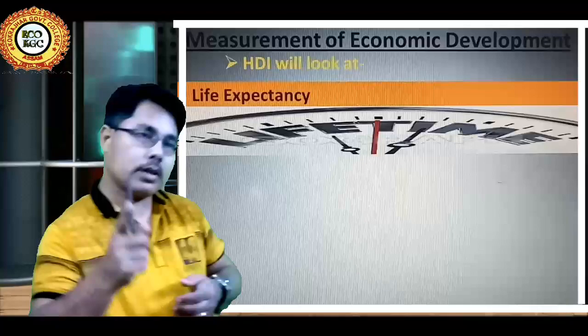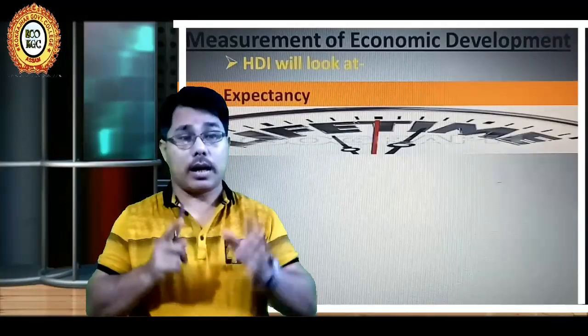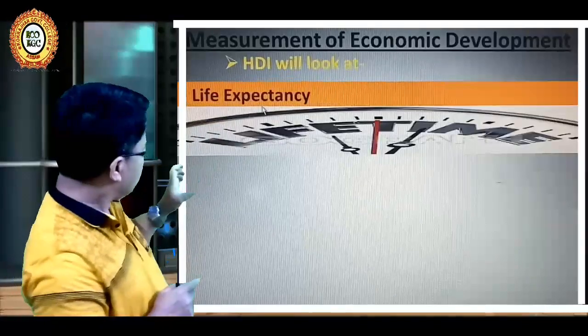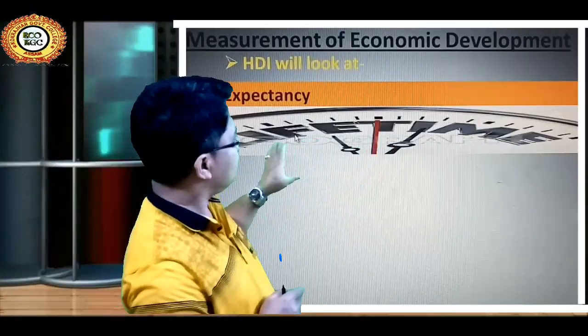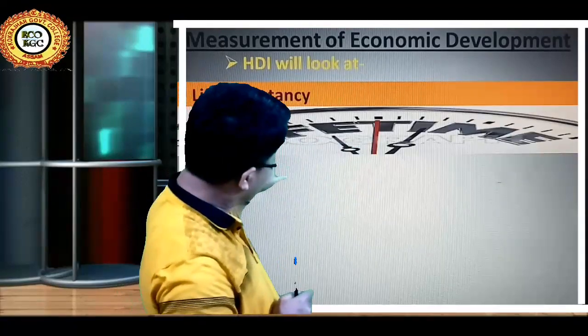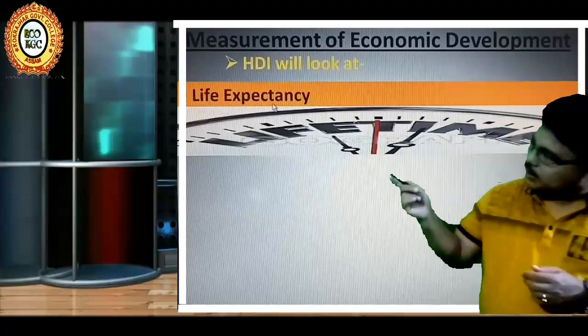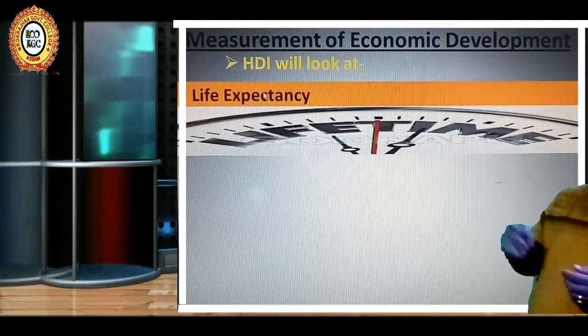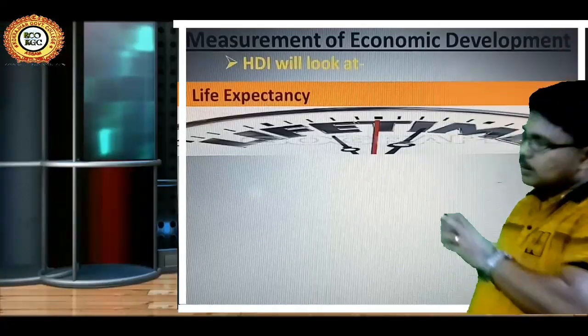Here, life expectancy is defined as the age which a person is expected to live in this country, or the remaining number of years a person is expected to live. Very simply, we may understand it as the survivability rate of a person in the country. The Human Development Index goes up if the rate of survivability of the people increases, and vice versa.